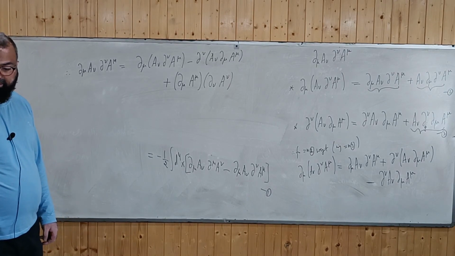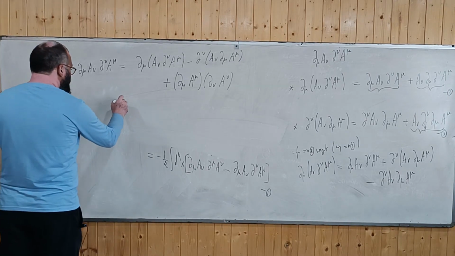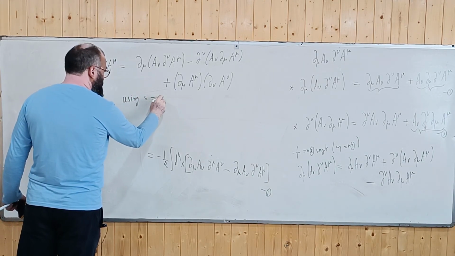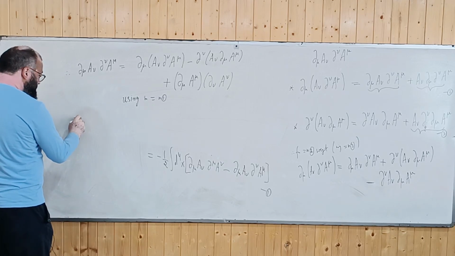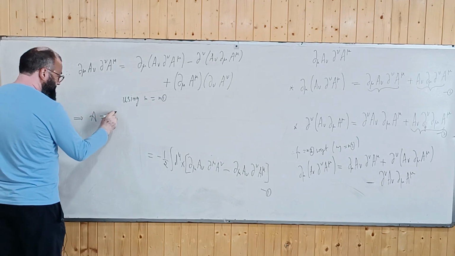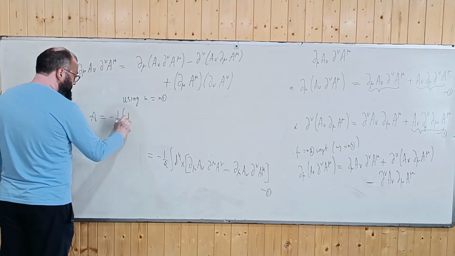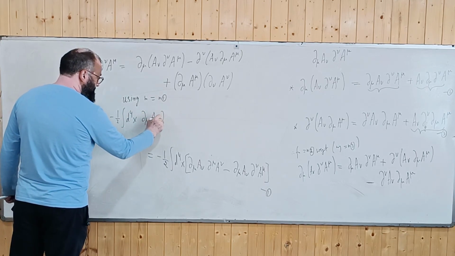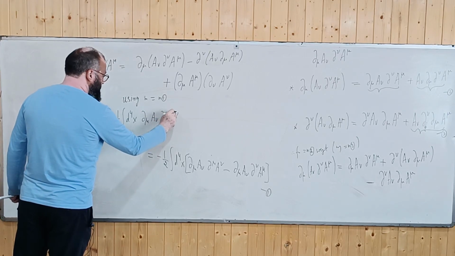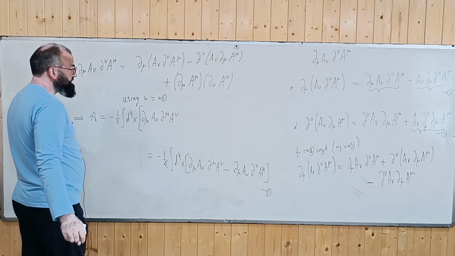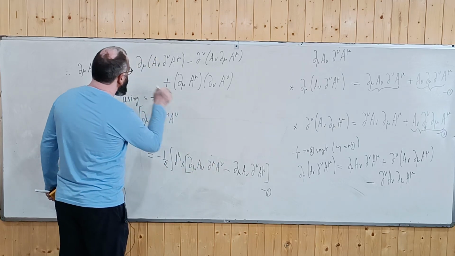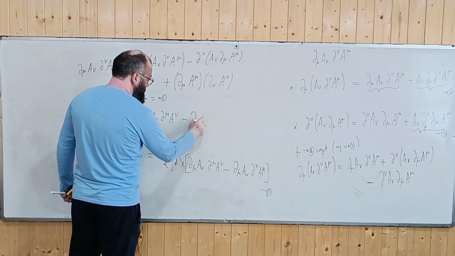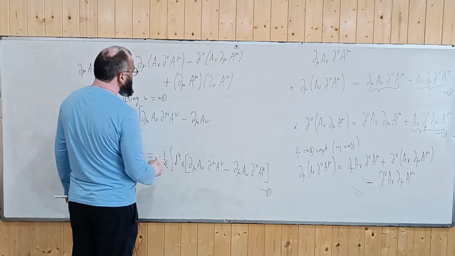Now let's substitute this in equation 1. So using in equation, what we will get? So this action is equal to minus half of integration d4 of x. The first term will be as such. Let me put this bracket. Then you are having this minus and this is plus, this is minus partial mu a mu.